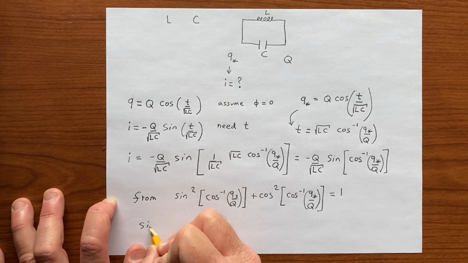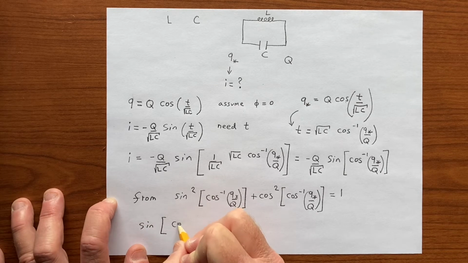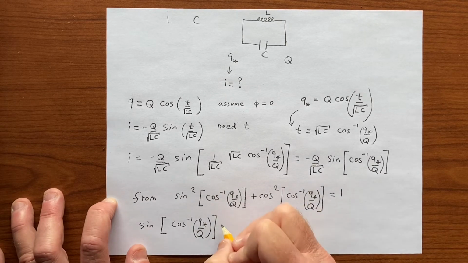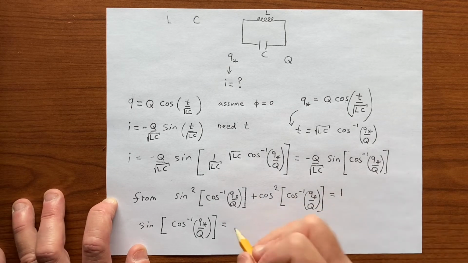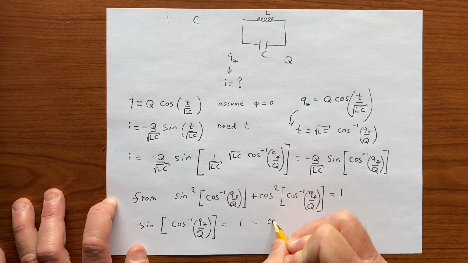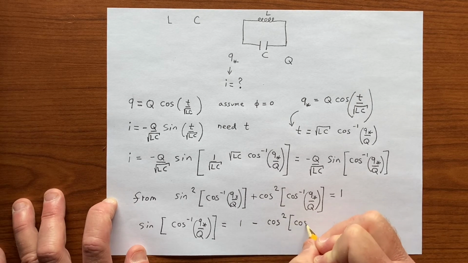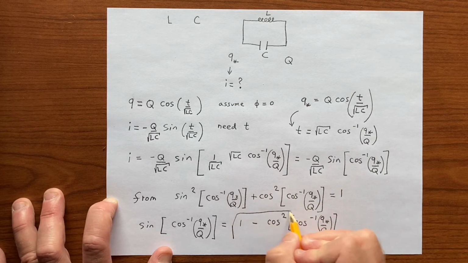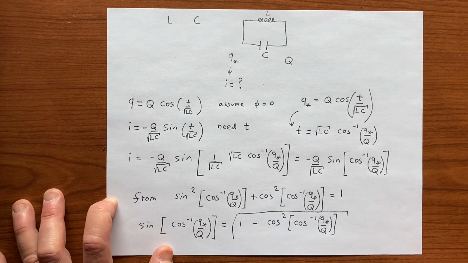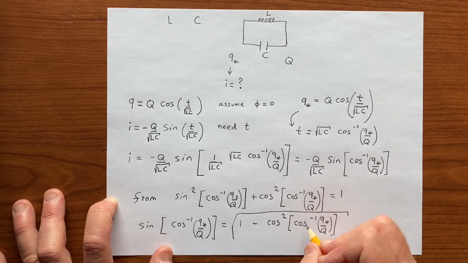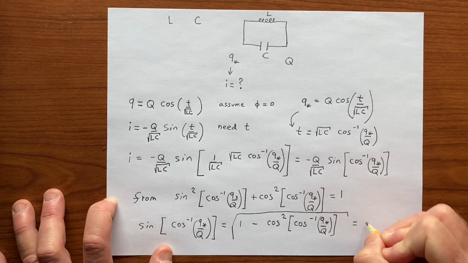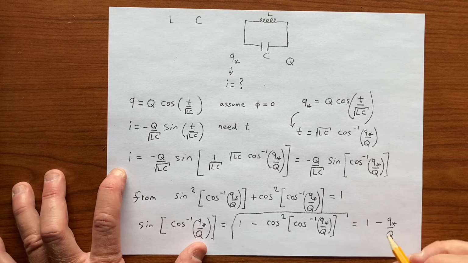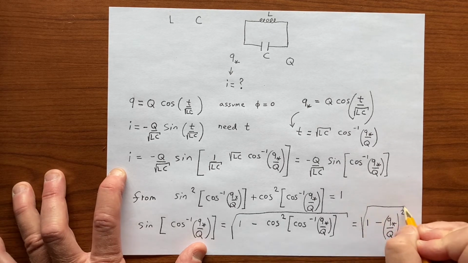And so the sine of the inverse cosine of Q star over capital Q is equal to the square root of 1 minus the cosine squared of the inverse cosine of Q star over capital Q. These are the inverse of each other, so we get the square root of 1 minus Q star over capital Q, squared.